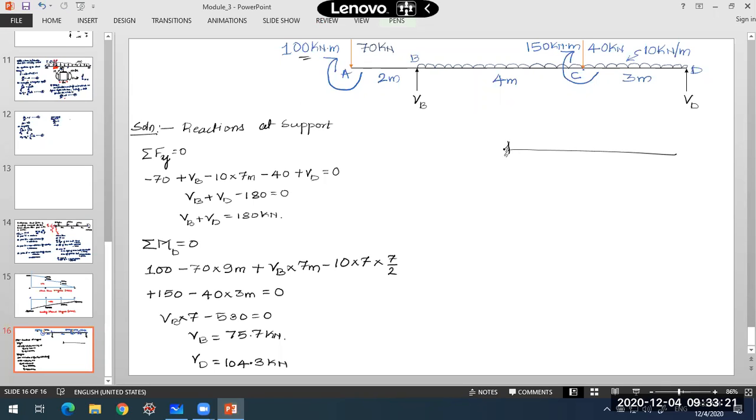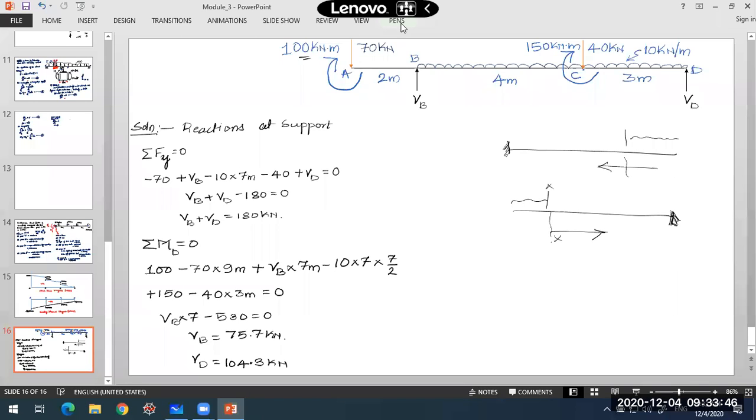So it may be like this. So here is the fixed end. In this case, I'll be moving from right to left. If the beam is given to me in this way, so we have the fixed end over here, I'll be moving in this direction. So I'll be taking a section here, and then I'll be taking the forces to the left of the section. Here, if this is the section, I'll be considering the forces to the right of the section.